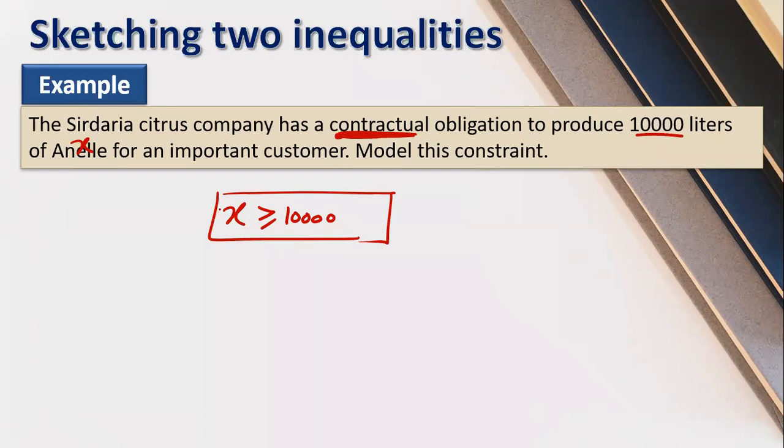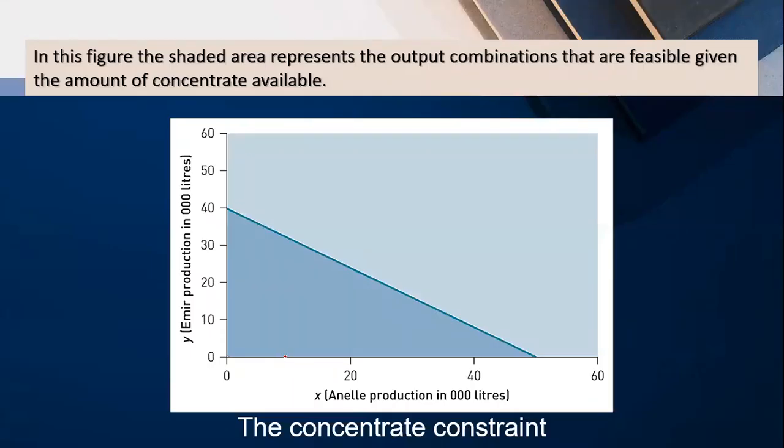So this is the inequality we have, and it is just for x. Now we have to sketch it. It's a vertical line at 10,000. If we go back here, suppose here you have 10,000, the graph is a vertical line. If you shade it, we will shade to the right side because it is greater than.